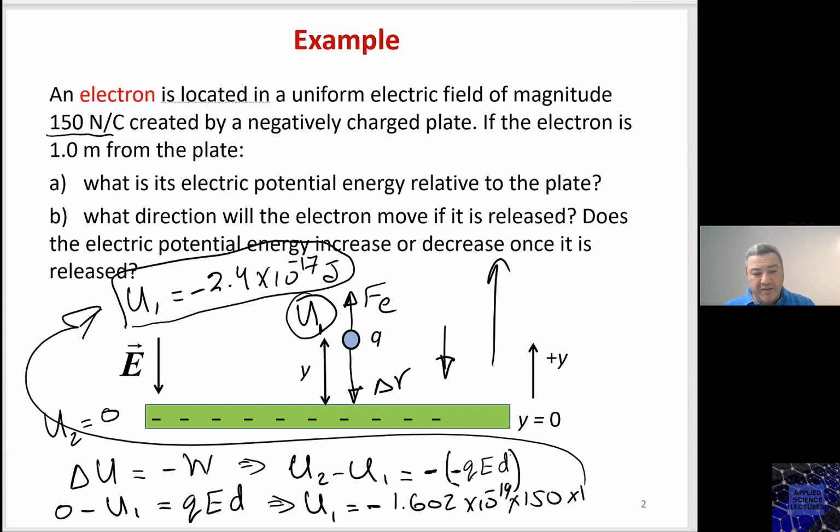If we release it, it will go upward, in the positive direction of y, because it will go toward decreasing its electric potential energy. But if there is an external force pushing this electron toward the plate, it will gain electric potential energy.